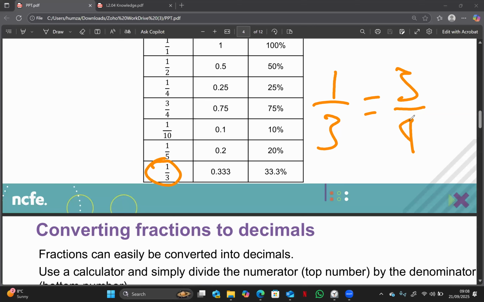If you multiply this by 3, you see that you get 99.9%. However, it is a recurring decimal, so that means you round it up to 100%, and that's why we write it as 1/3.